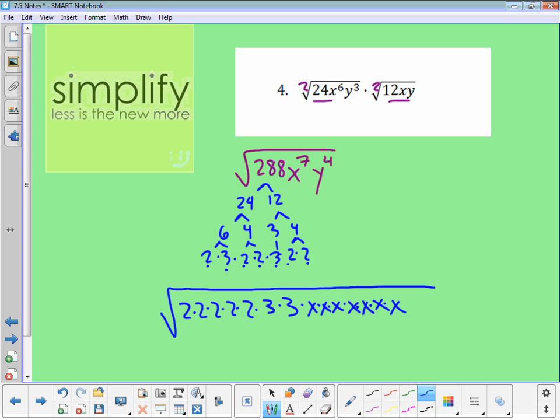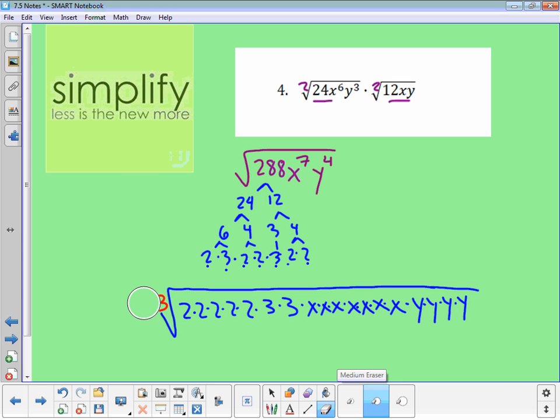And I have 4 y's. Okay, so there's my whole big long list. Again, this might seem like it's a little redundant, but I just want us to get the concept of pulling out the groups that are the size of the index, which in this case is 2. So I'm looking for groups of 2.